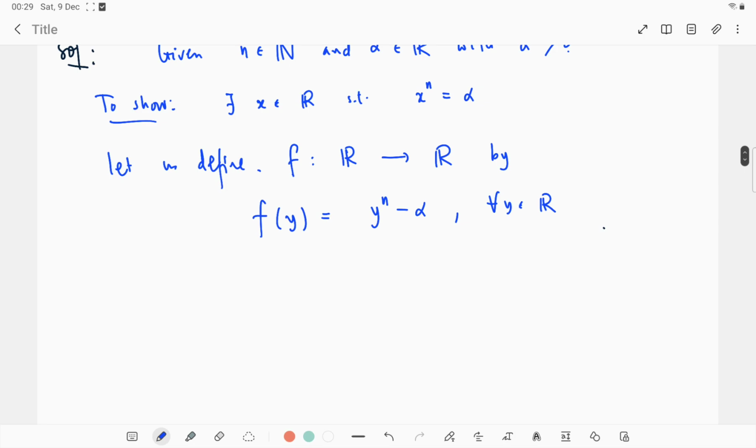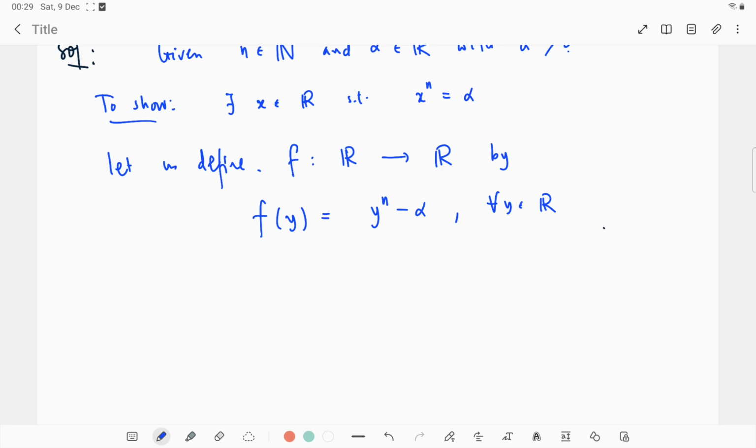Now it is easy to verify that the function f is continuous, because y to the power n is continuous, alpha is a constant function, and hence it is continuous.